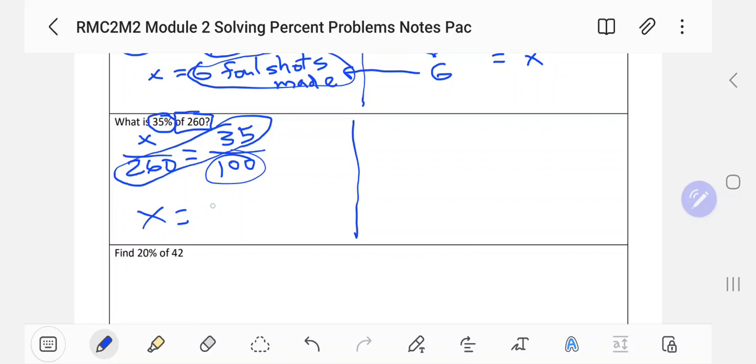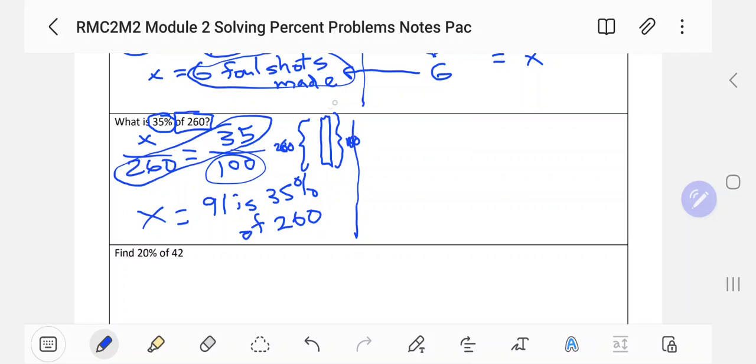That comes to a grand total of 91. When we multiply and divide, we get 91. So 91 is 35% of 260. Right? If you were to draw a picture of the bar with the whole over here, 260, and this represents 100, and then you line up the 91 and the 35, it should kind of make sense.